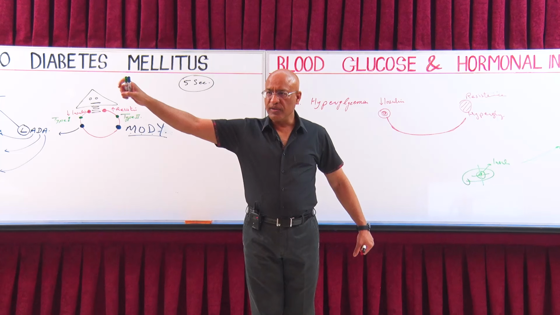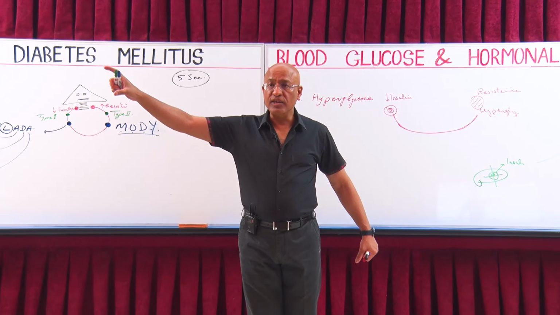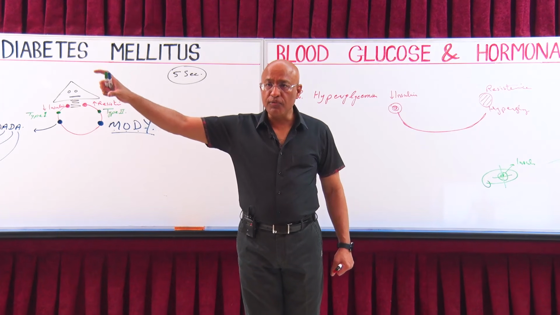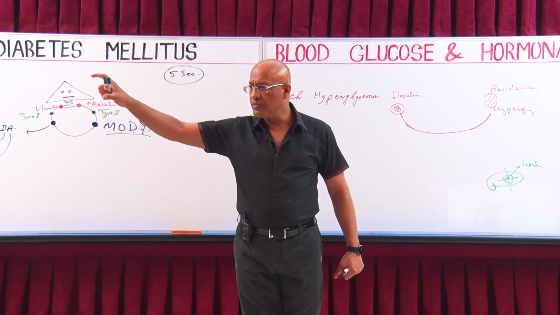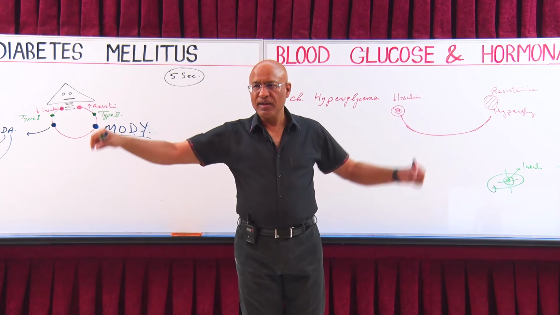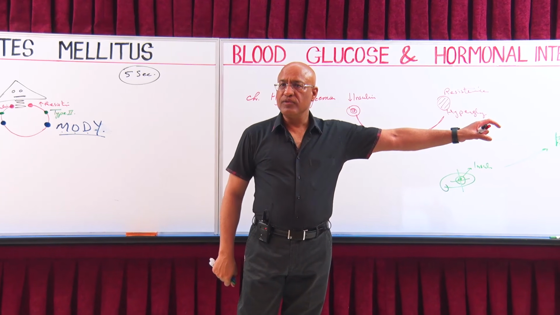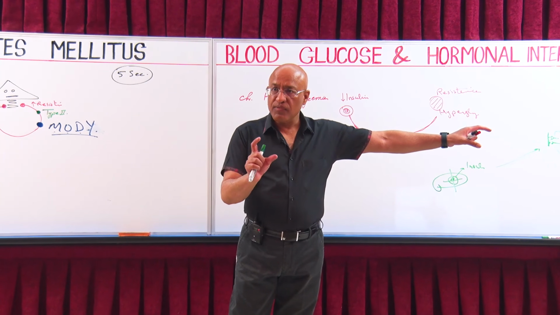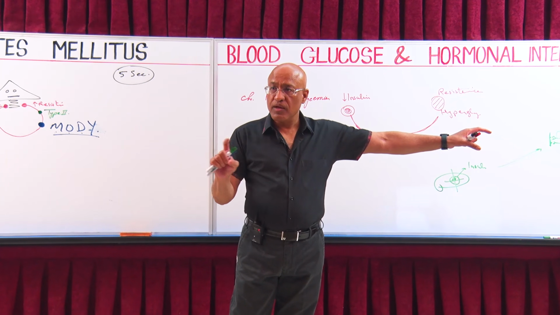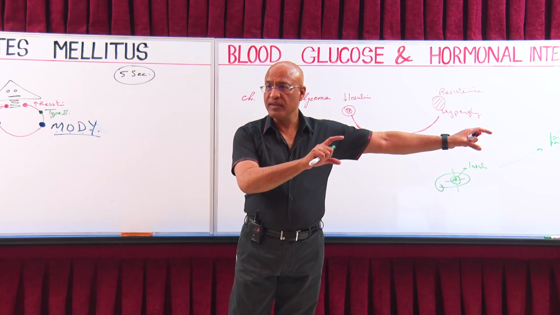Type 1 diabetes, in which the real problem is a severe reduction in production of insulin due to autoimmune destruction of beta cells. The other extreme is that there is a problem with the action of insulin on the peripheral tissues, right?